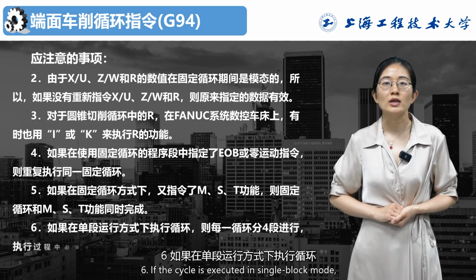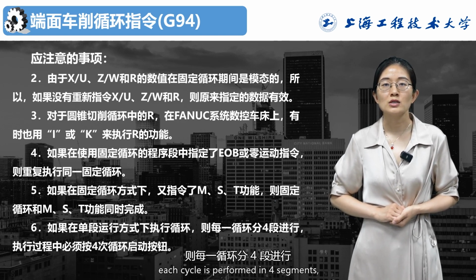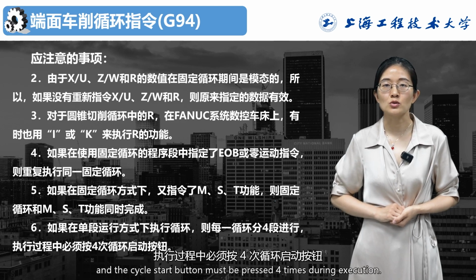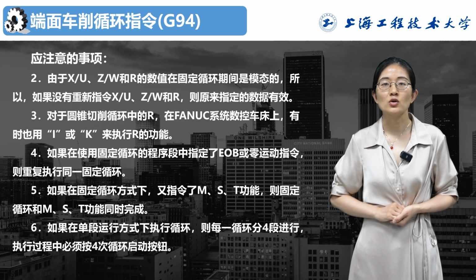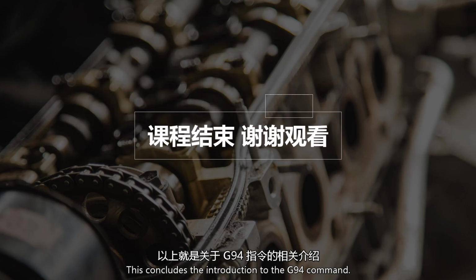Sixth, if the cycle is executed in single block mode, each cycle is performed in 4 segments, and the cycle start button must be pressed 4 times during execution. This concludes the introduction to the G94 command.